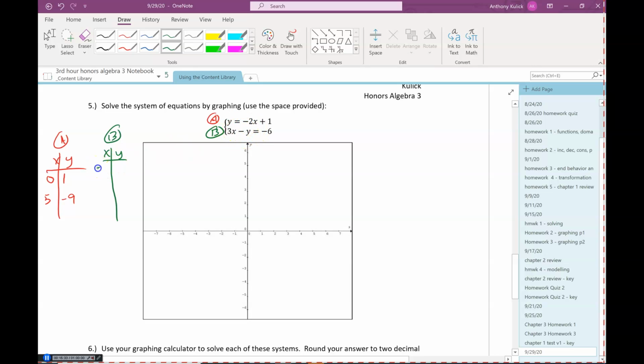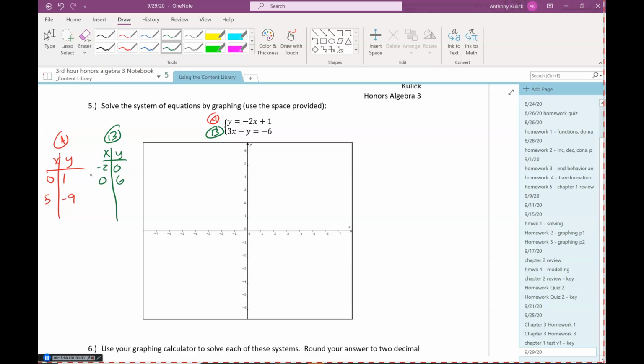And then if x is 0, y would have to be +6. So there's some points there. Again, if you wanted to rearrange it and put it into slope-intercept form and pick x's and y's that way, that's fine. But if it's in that x and y on the same side, you can just pick one or the other to be 0 and then figure out the other one.